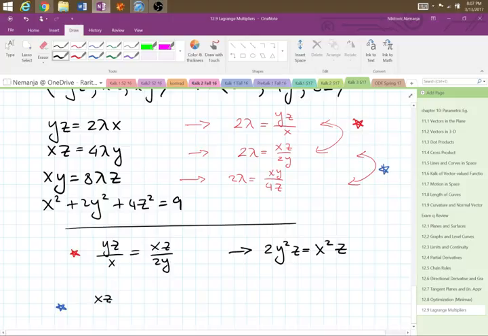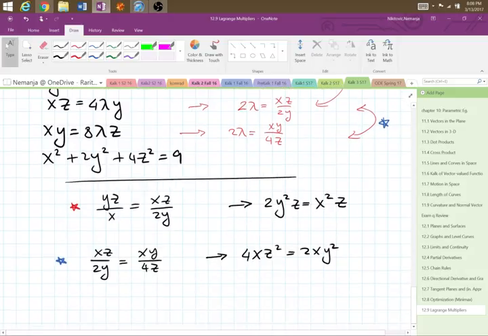I have xz over 2y is equal to xy over 4z, from where I can write 4xz squared is equal to 2xy squared. And the first equation is going to give me that x squared.